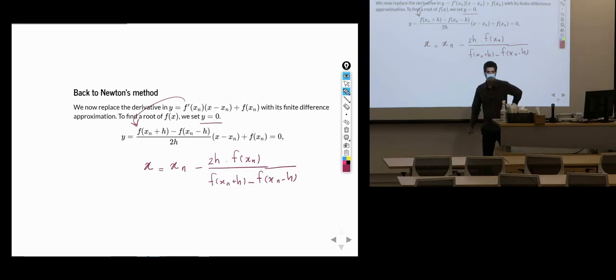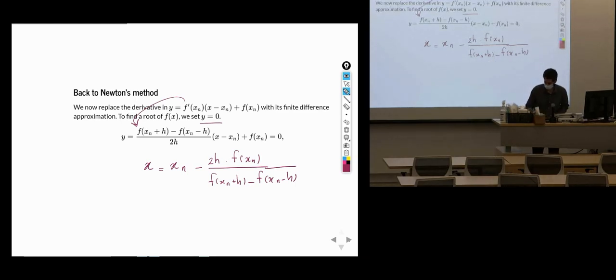It's a simple equation, some manipulation, and then you find x as a function of where you are, xn. And then you can call this xn plus 1.